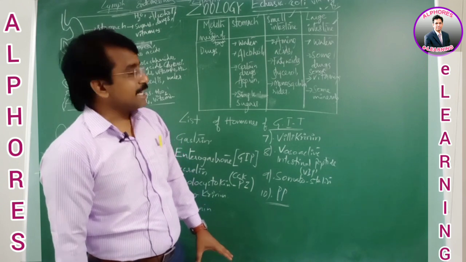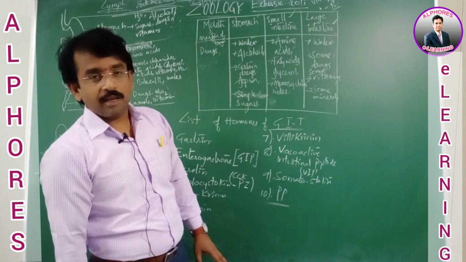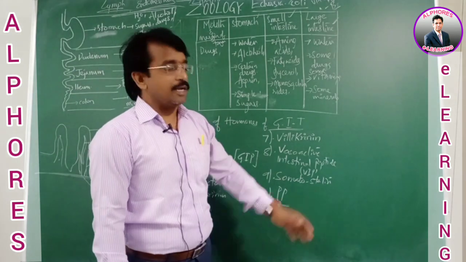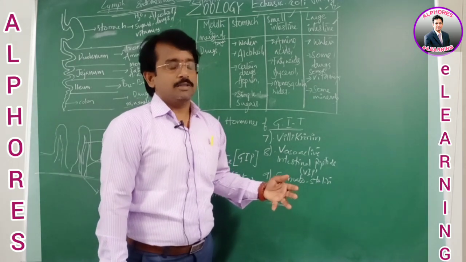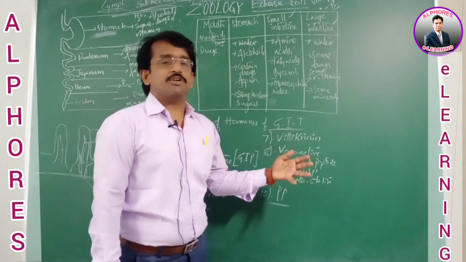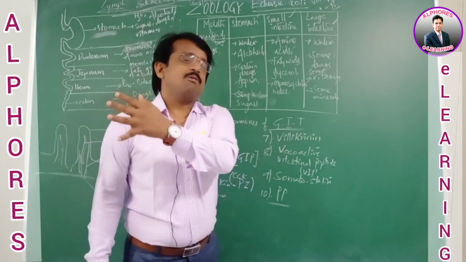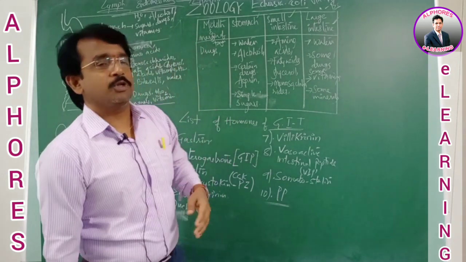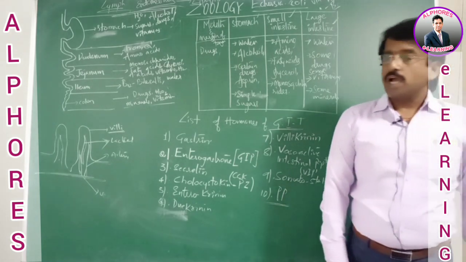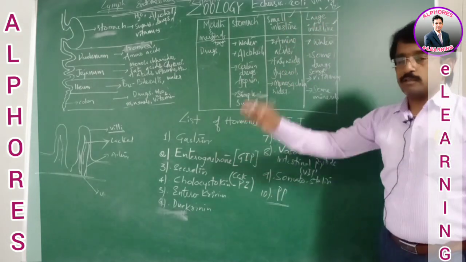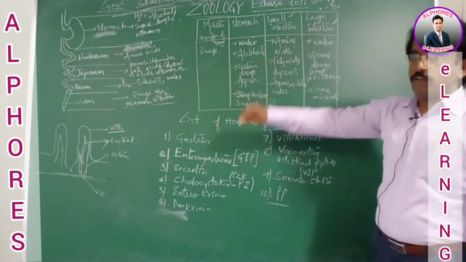So the signal from the rectum to the nervous system gives the signal back to the anus, and it propels the undigested food to the outside. This expelling of the undigested food to the outside is named defecation. That's all about absorption and defecation.